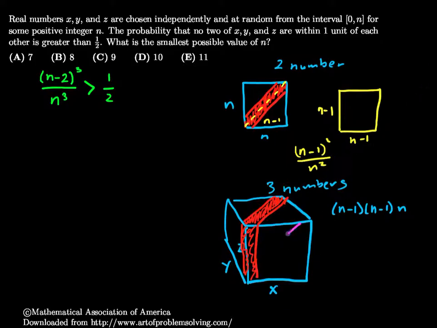I take out this band of volume between these two planes, around the plane x equals z, and it cuts all the way through. In this case, I can't actually collapse this down just yet.